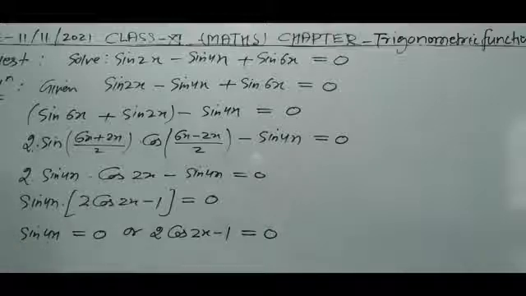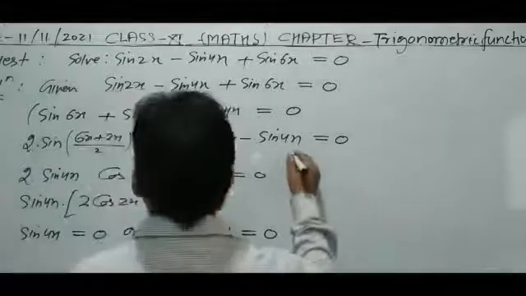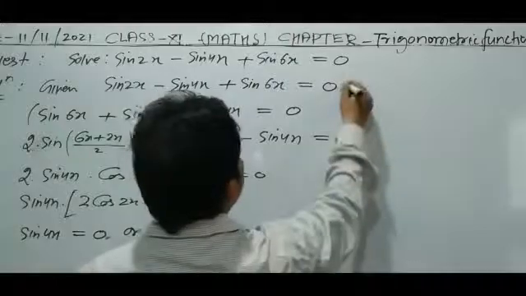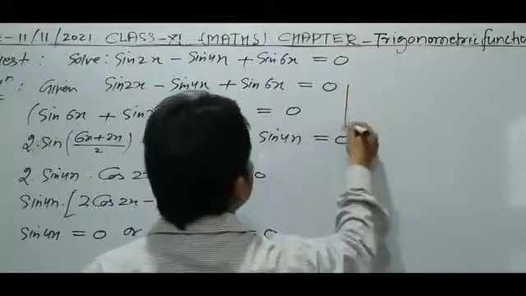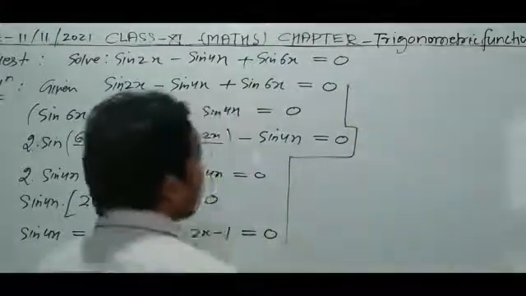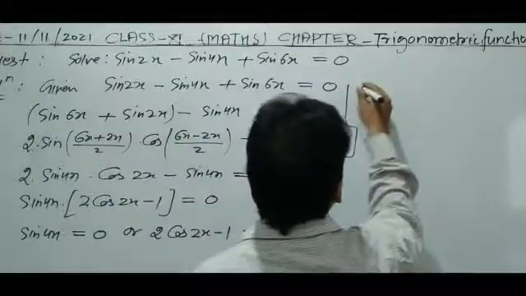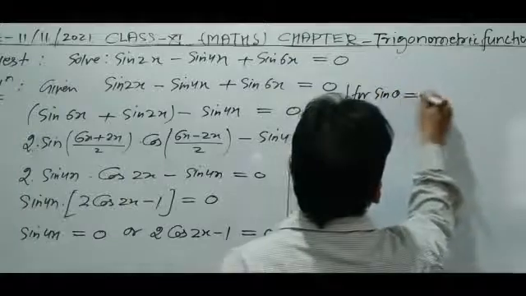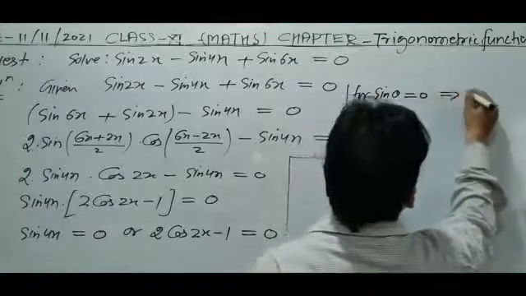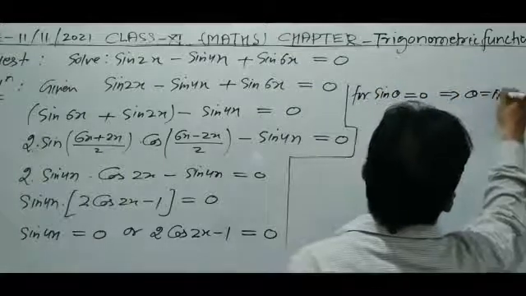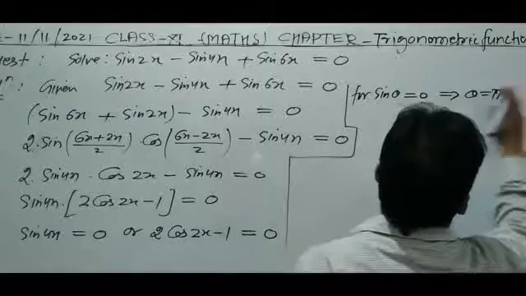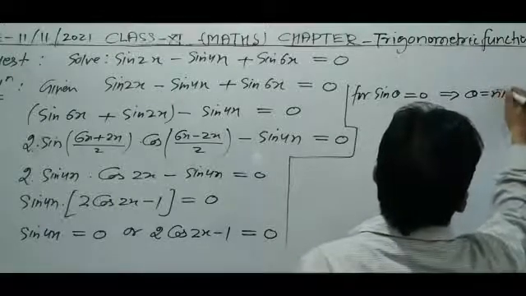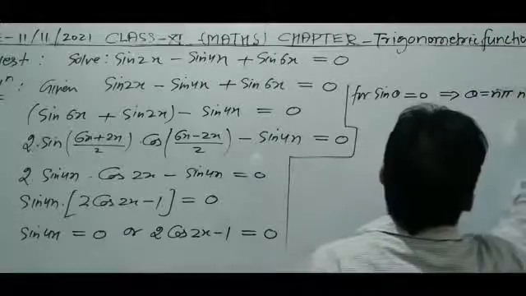If sin theta is equal to 0, then theta is equal to n pi. So you can write here, for sin theta is equal to 0, this implies theta is equal to n pi, such that n belongs to integer.